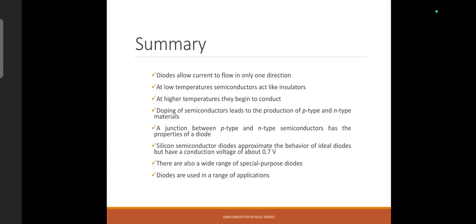It is formed by joining p-type and n-type semiconductor materials to create a p-n junction. We studied the depletion region, potential barrier, forward bias, reverse bias, and the current voltage characteristics of the diode.